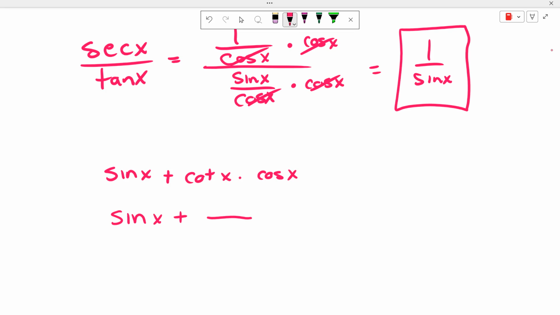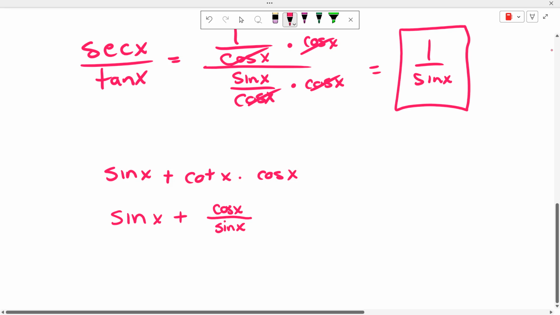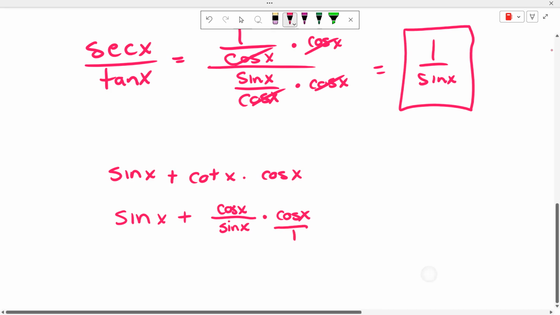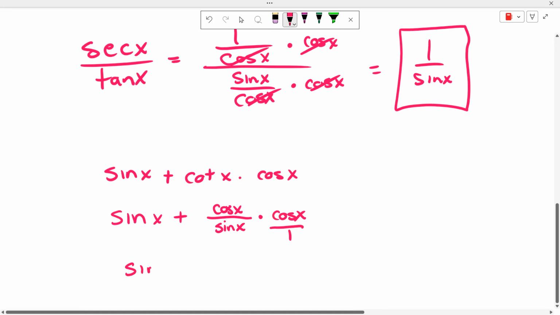Don't say 1 over tangent. Say cosine of x over sine of x, because we want to turn these into sines and cosines, times cosine of x. Well, that doesn't look that much more simple. Cosine of x is really cosine of x over 1 here, right? So if we multiply these together, I get sine of x plus cosine squared of x over sine of x.